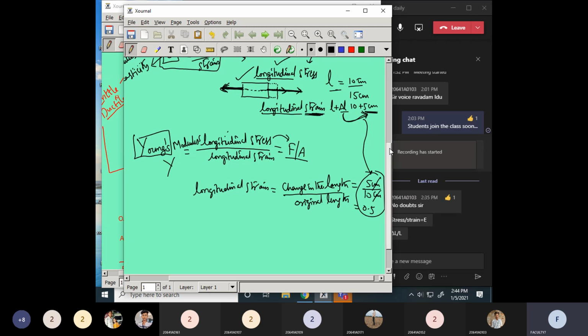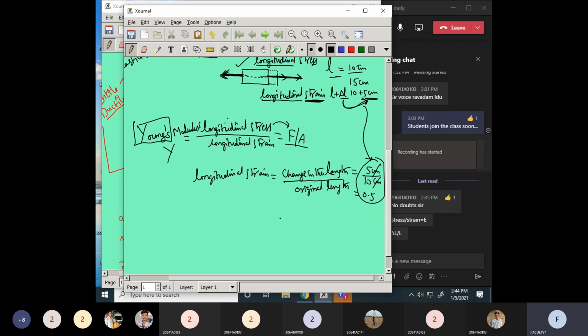Now instead of these values, take the equation: the change in the length is delta L, and the original length is L. So the longitudinal strain is delta L by L. Now you substitute here delta L by L. What are you going to obtain regarding Young's modulus?